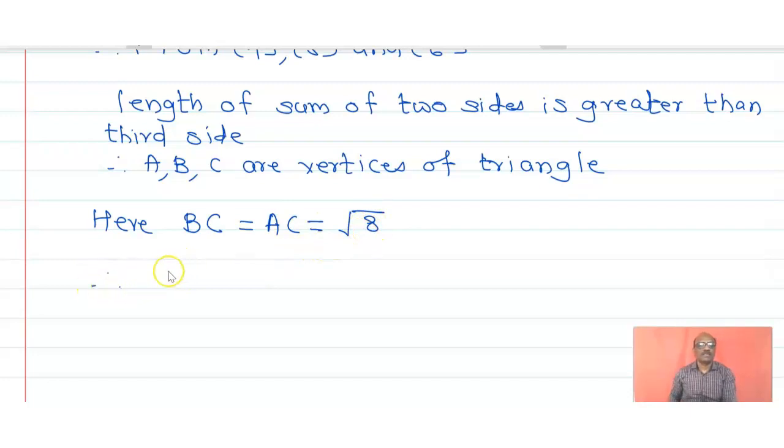Therefore triangle ABC is an isosceles triangle.